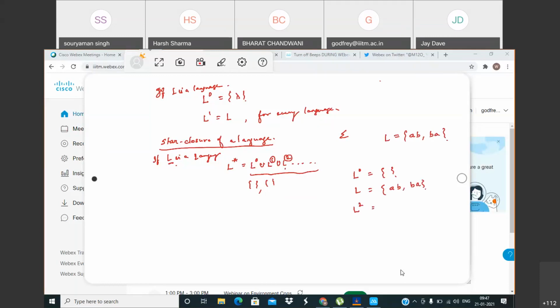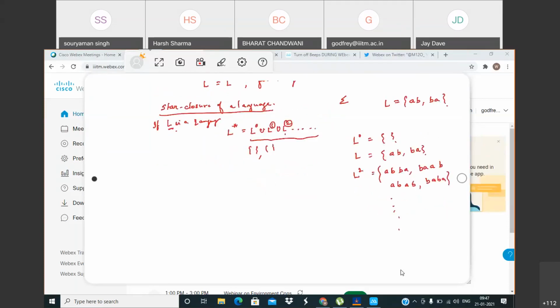Then L power 2 is going to be AB AB, AB BA, BA AB, and BA BA, and so on. So this is all going to be part of L power star, which is going to be infinite.